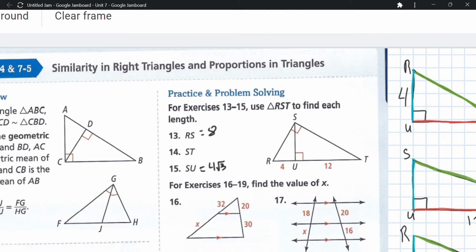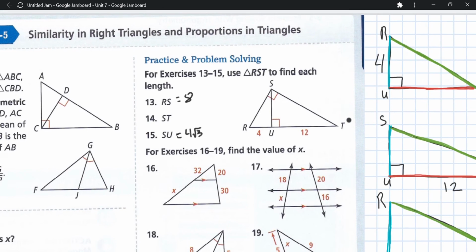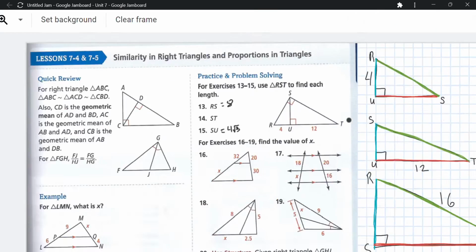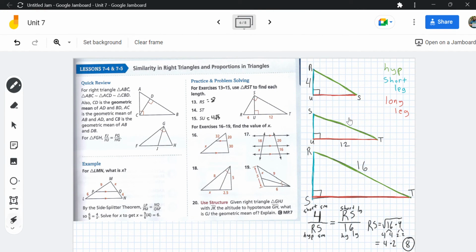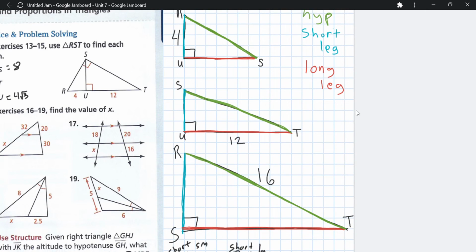All right, one more real quick. Number 14 says, what is ST? All right, so what can we deduce from ST? Let's look at our triangles over here that are separated. I'm looking for ST over here. Well, I don't know what ST is, but I do know that my ST over here, my large triangle, is also in my medium triangle.